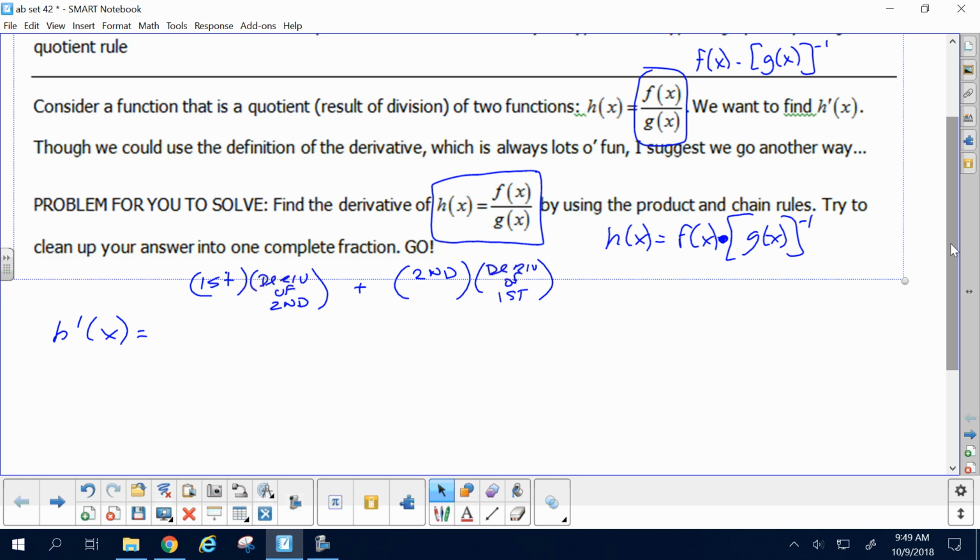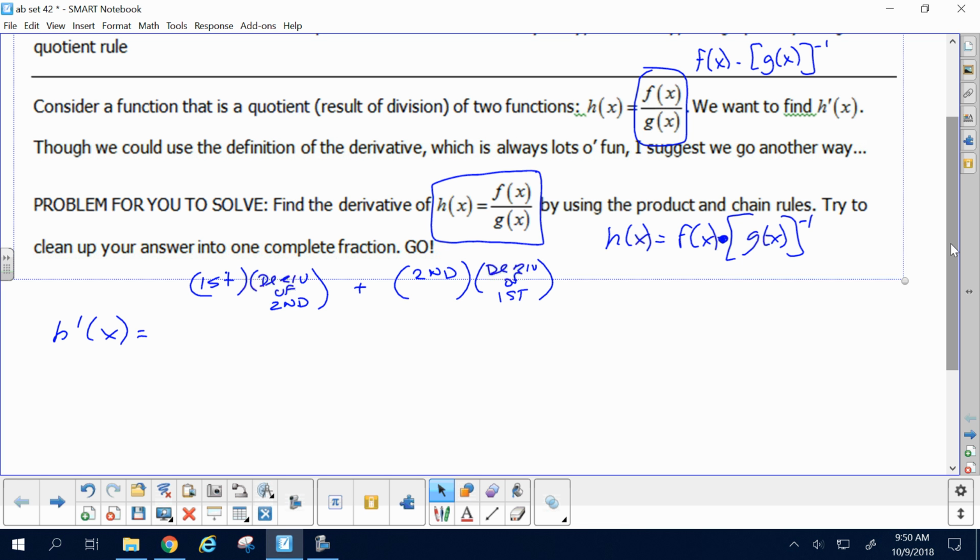Okay, so it's probably fine. Now, derivative. f of x is going to stay the same, and then g to the negative 1 comes down. So negative 1 of x to the negative 1 of x. What's the derivative of negative 1? Negative x.